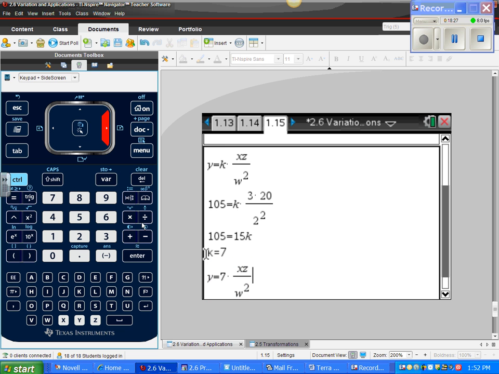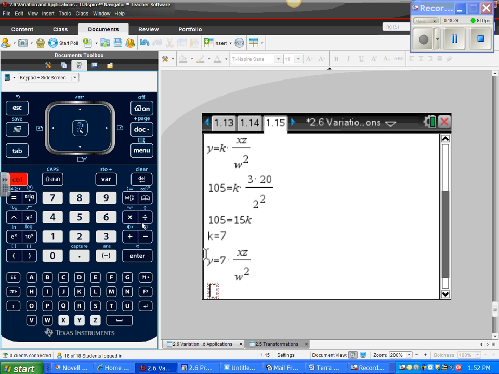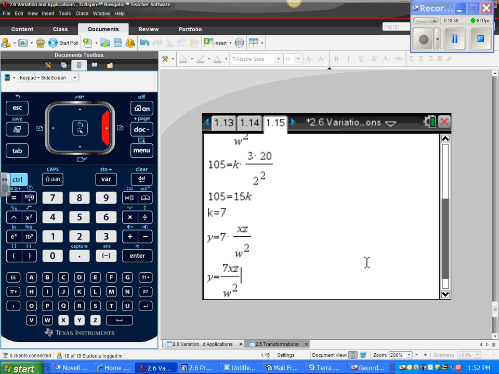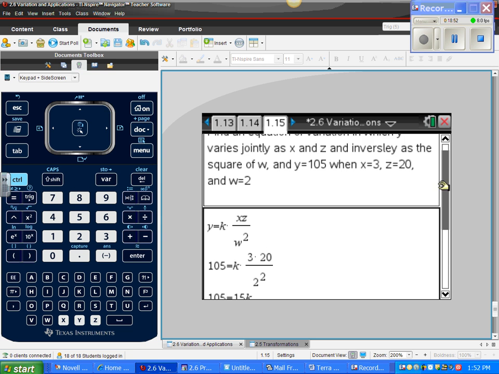Now you can write it like that, or you can write it like this. Both ways are correct. A lot of application problems deal with combining two different ones, direct and joint, whatever it may be. So you do have to get used to creating things like this from a problem.